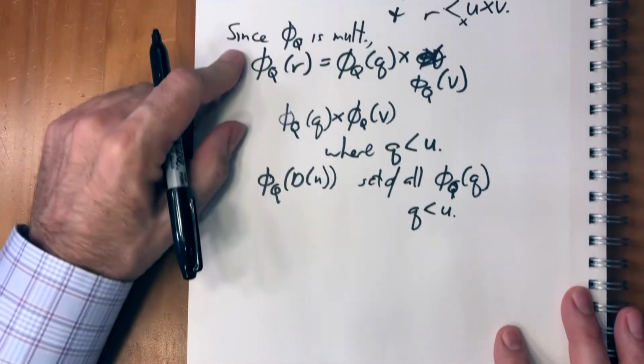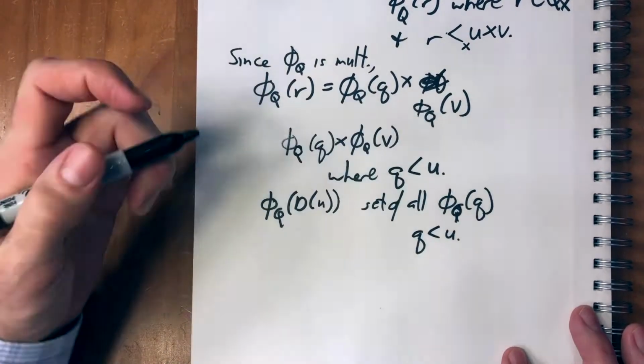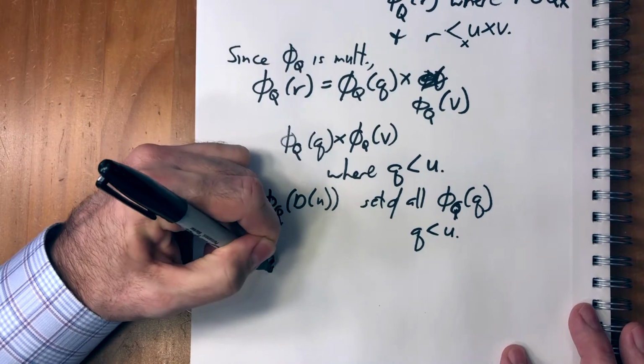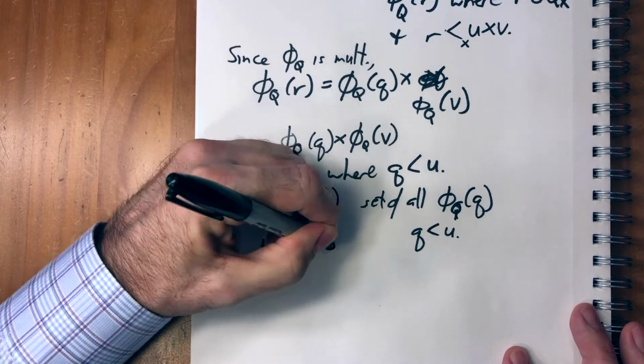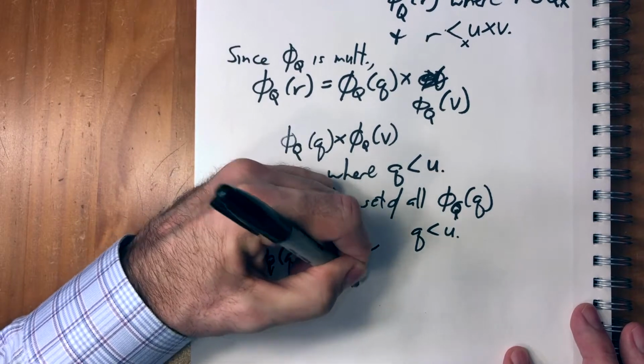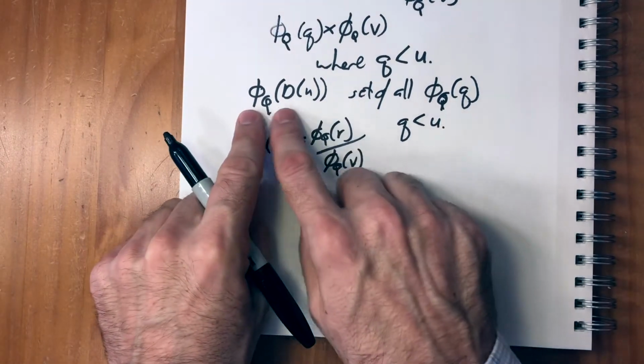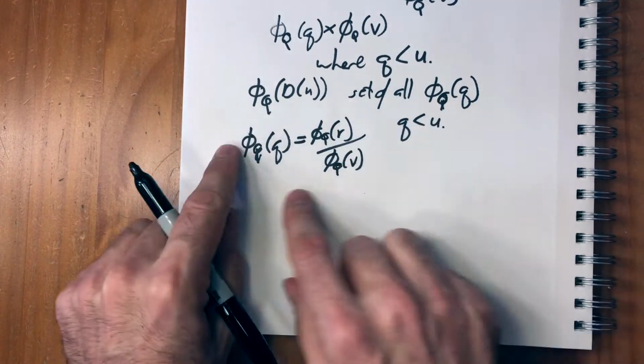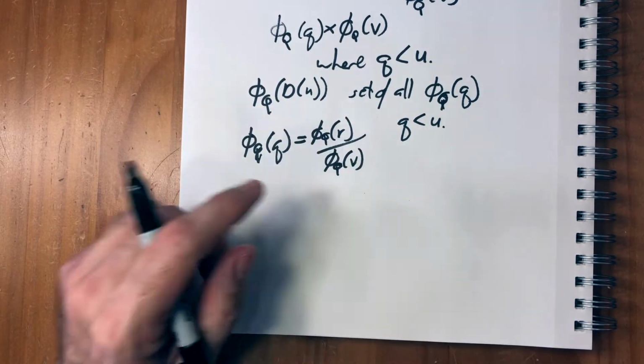So here, we can rewrite this so that φ_Q of q equals φ_Q of r over φ_Q of v.